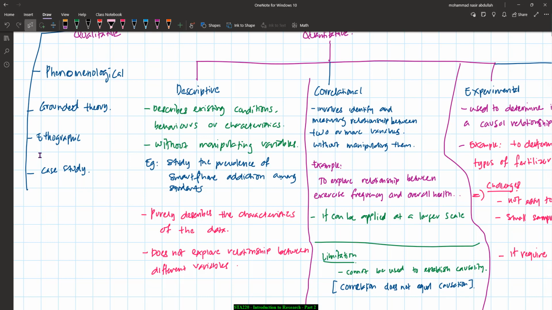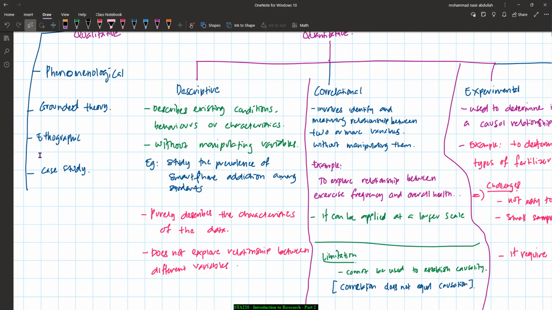This is grounded theory. The third research design is ethnographic. Ethnographic involves observing and studying a culture-sharing group. Maybe you want to understand how one culture celebrates their festive season. So we need to be with them, right?